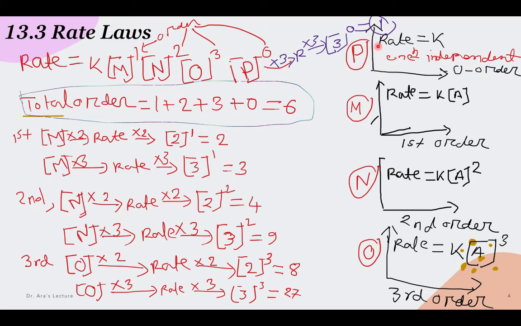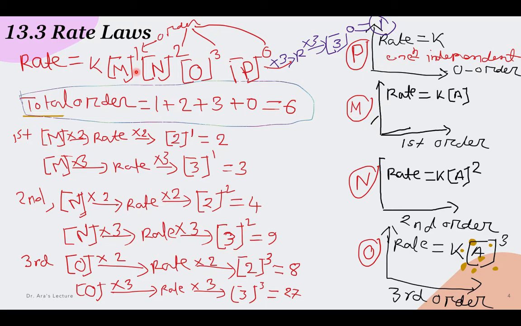Now look at the right, the different orders of reaction. Just imagine the concentration versus time curve. This is the x-axis, this is the y-axis. Here we go: first order M, second order N, third order O, and P zero order. First talk about the first order reaction. This is our initial, first experimental value.